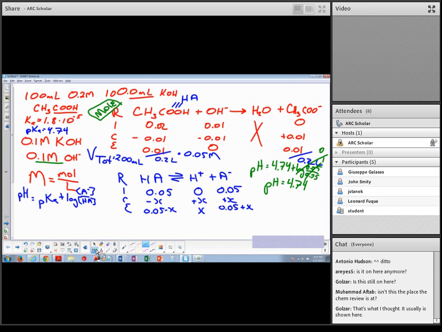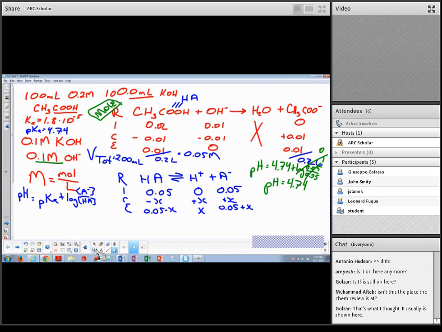Let's see here. Yeah, in theory, we could go through and work out how many mils of the hydroxide are going to be required to reach the equivalence point. Anyone tell me, what happens at the equivalence point? Anyone tell me the definition of the equivalence point?